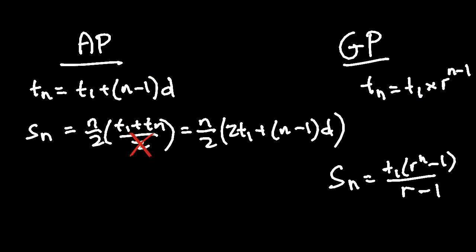And the sum to infinity for GPs would be T1 over 1 minus r, but this is only true if the absolute value of r is less than 1. So that's basically it.